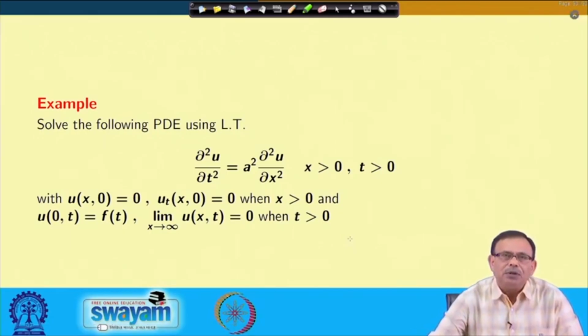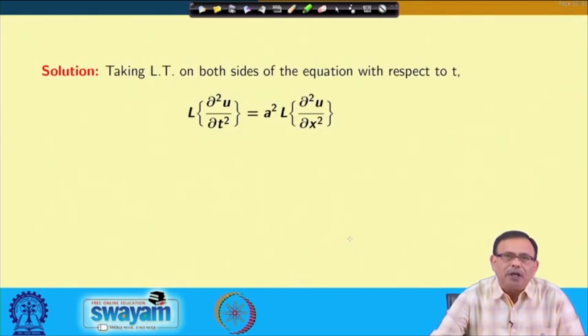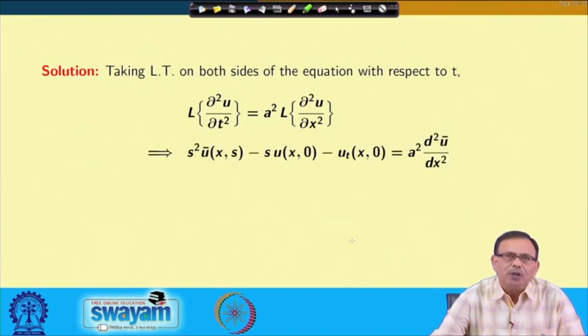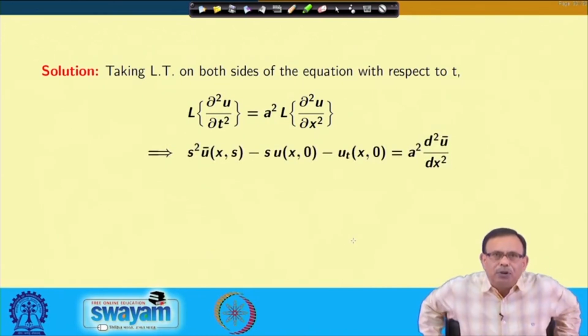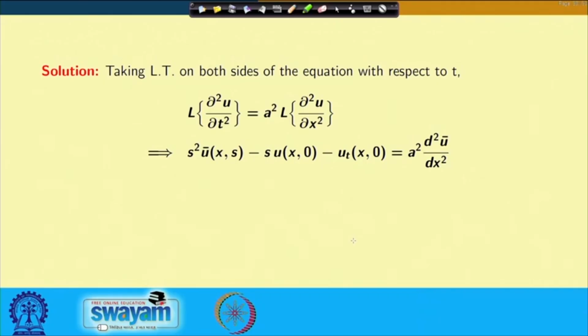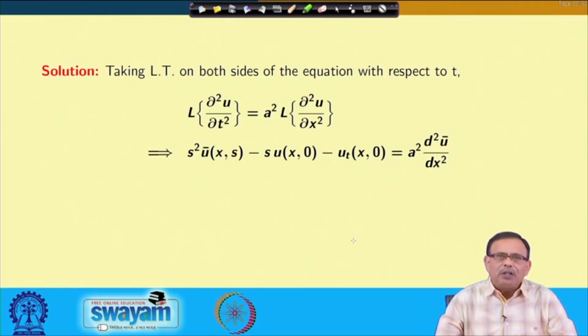So, as I told, I am taking Laplace transform on both sides of the given equation with respect to t. On the left hand side, the Laplace transform of del 2 u del t square will be s square u bar(x, s) minus s u(x, 0) minus u_t(x, 0), from the formula which I have given in the last lecture.